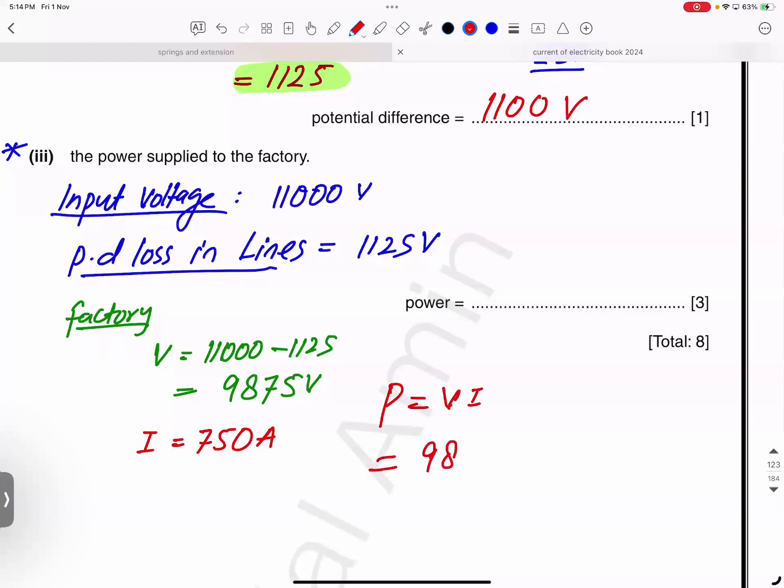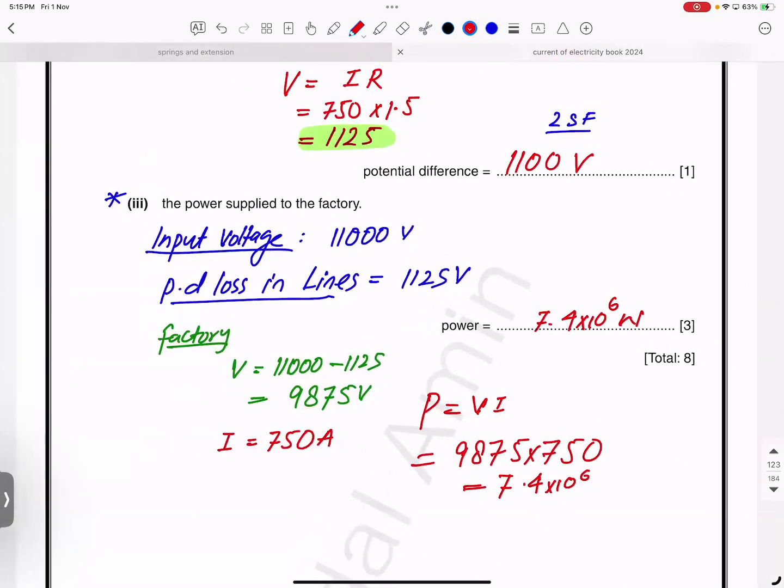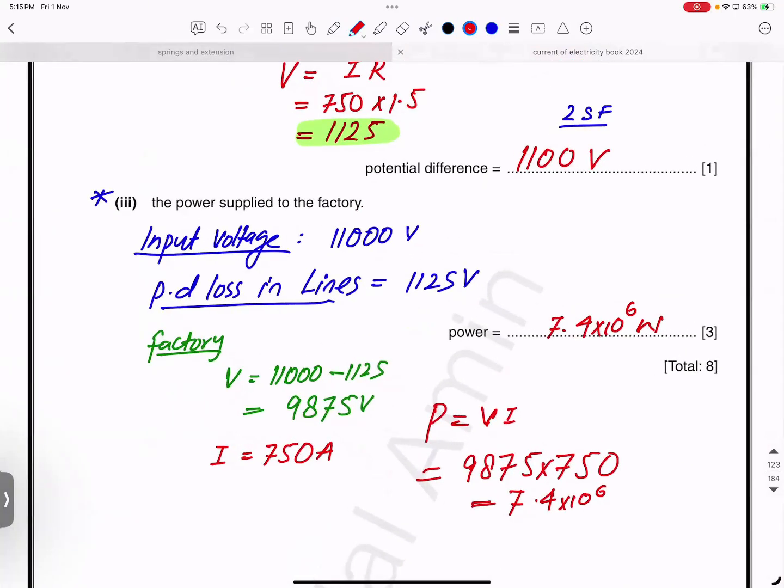Voltage is 9875, current 750. That is 7.4 times 10 power 6. So the total power was 8.3, and the delivered power is 7.4.